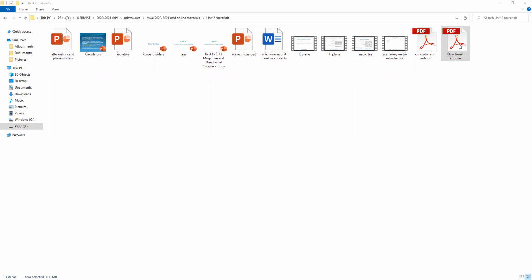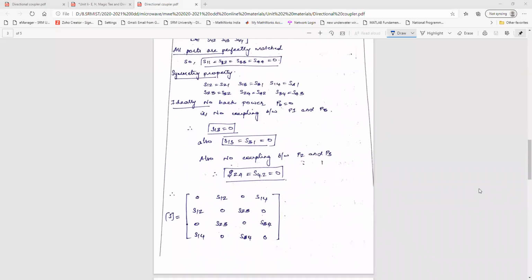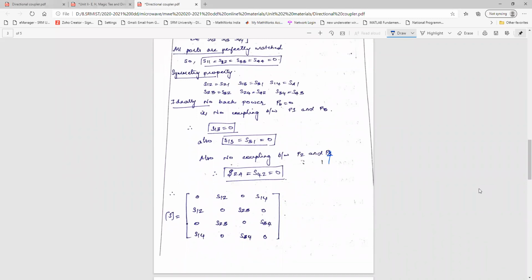And because there is no back power, there is no coupling between P1 and P3 and between P2 and P4. So if I substitute all those values, finally I get my matrix as this.